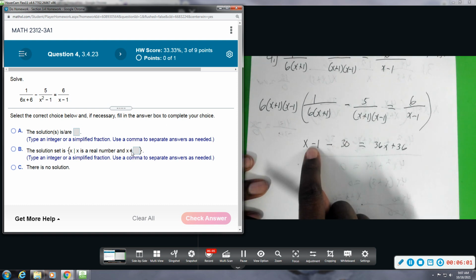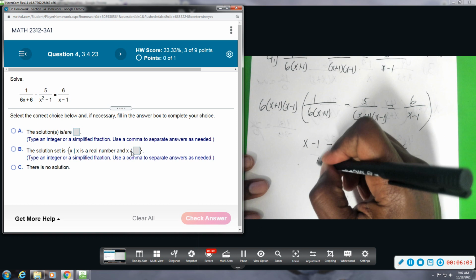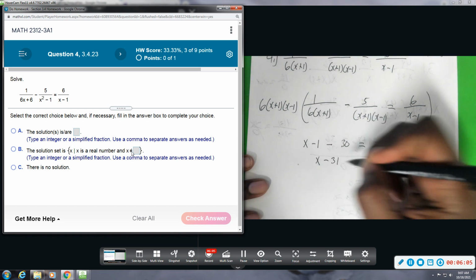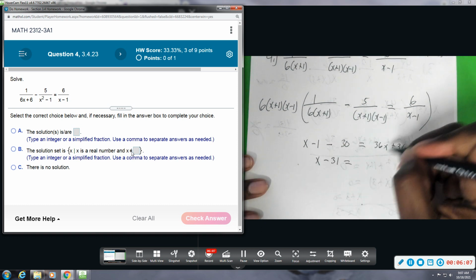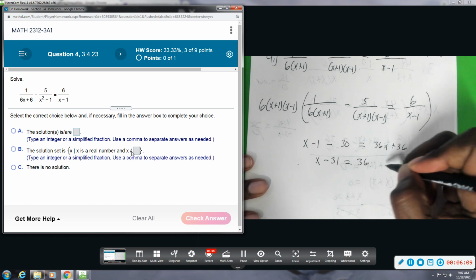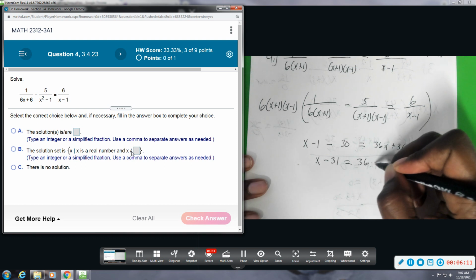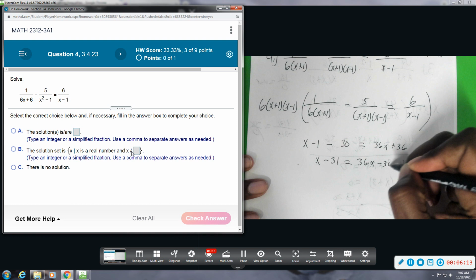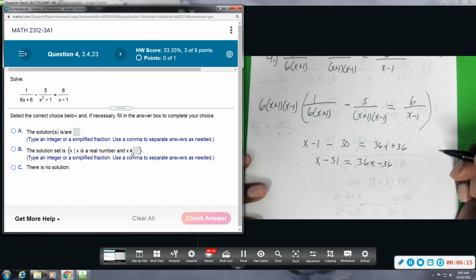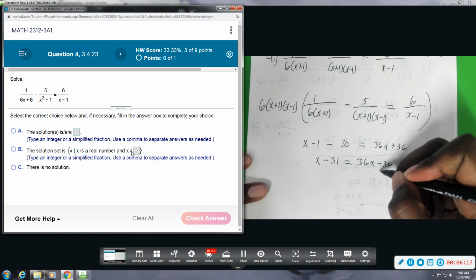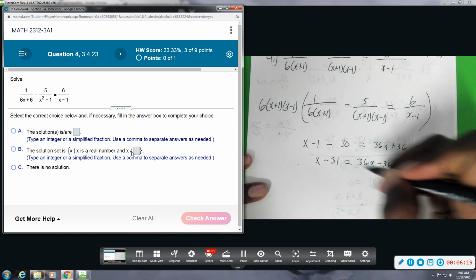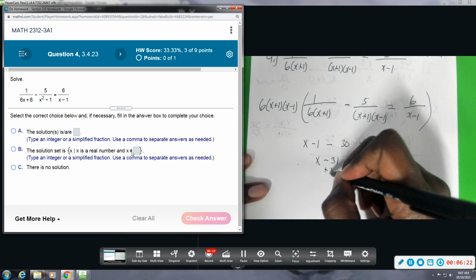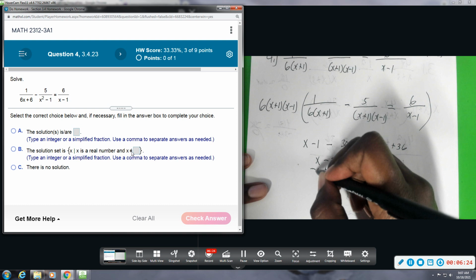Combine like terms, negative 1 minus 30 is going to give me x minus 31. On this side, nothing to simplify. All right, so I'm going to move my like terms together. I'm going to add 36 because I want my x to be positive. And I'm going to subtract x.